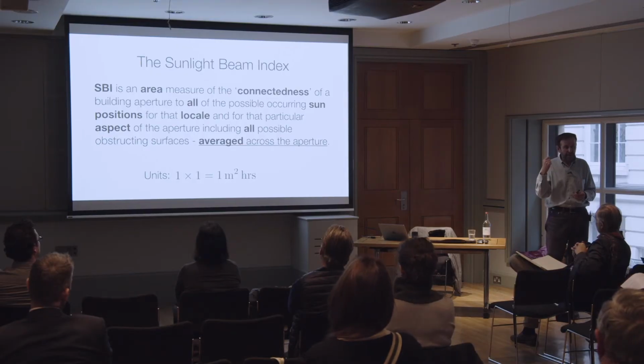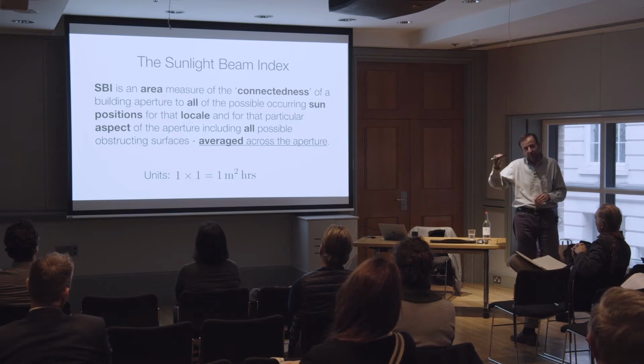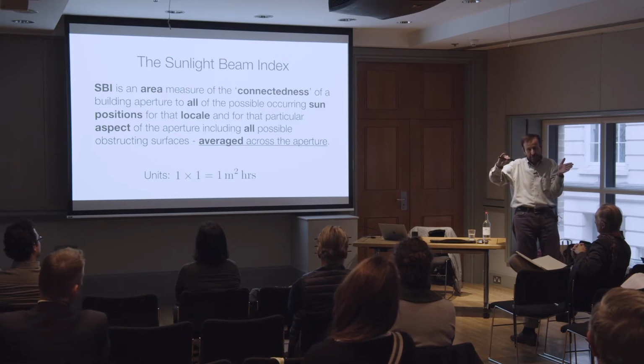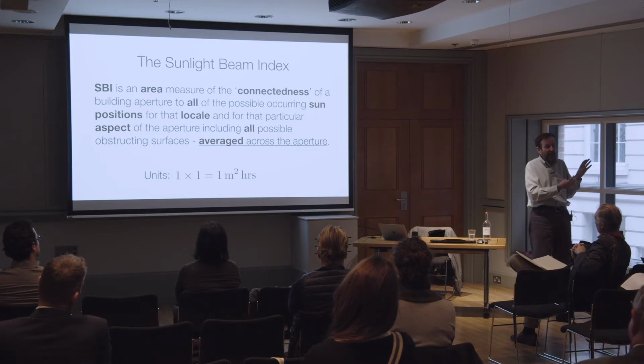And it's averaged across the aperture surface. So if the sun miraculously stood still for 1 hour, normal to 1 square meter of aperture, you would get 1 square meter hours of cross-sectional area of sunlight beam that would pass through the aperture. Incredibly simple.